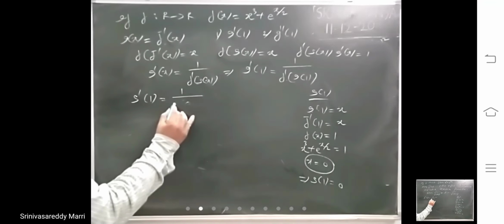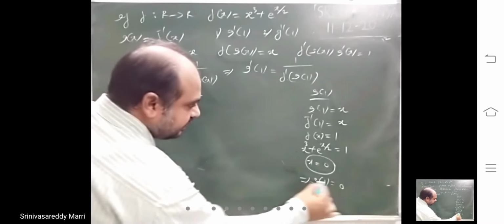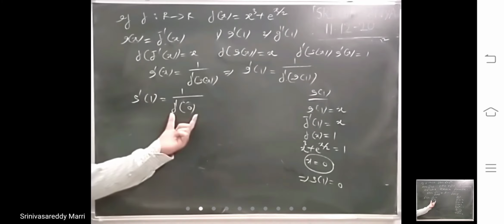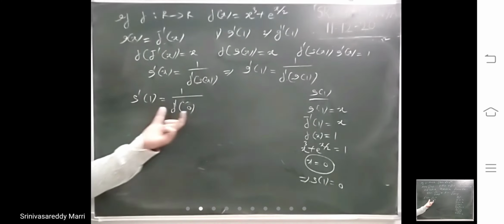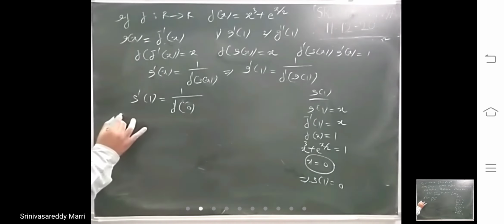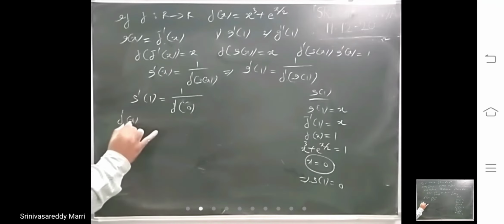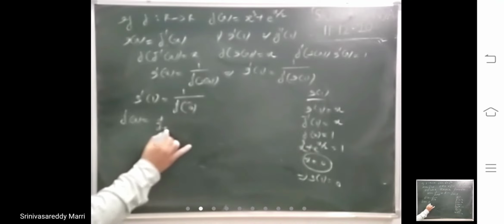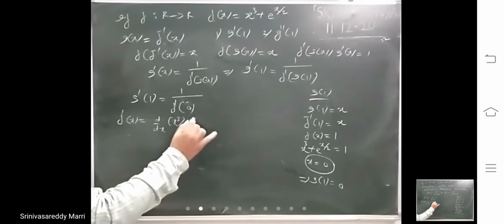equals 1 by f dash of g of 1. G of 1 is 0. So f dash 0, if you calculate, you will get g dash 1. F dash 0 you can easily calculate. First we will calculate f dash x.